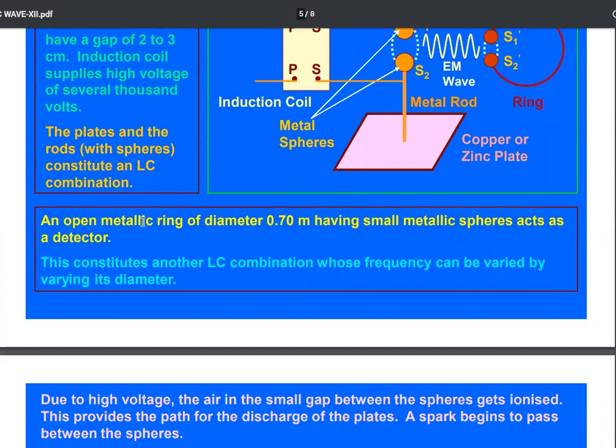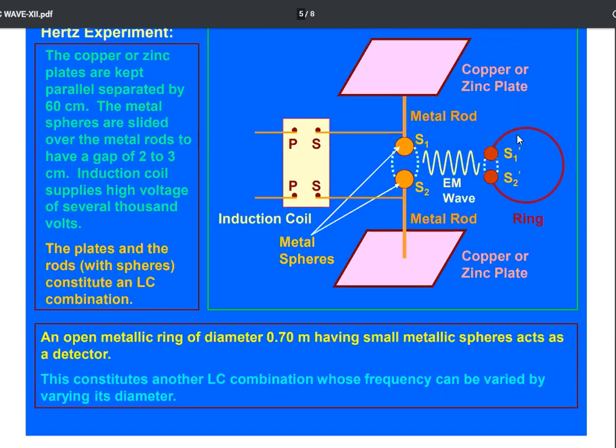So an open ring, metallic ring of diameter 0.70 meter, or you can say 70 centimeter, having a small metallic spheres act as a detector. An open ring, you see here, this is the open ring, not closed ring, and because it has 2 ends, it is called open ring.